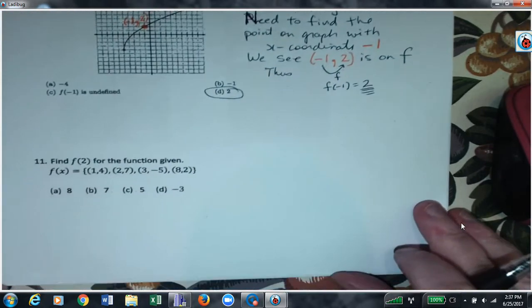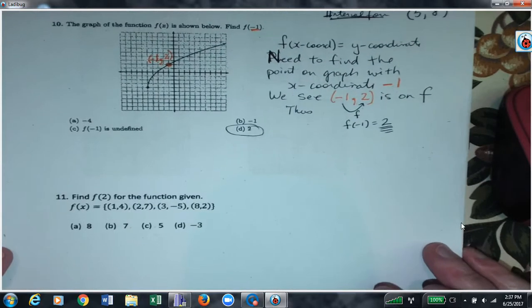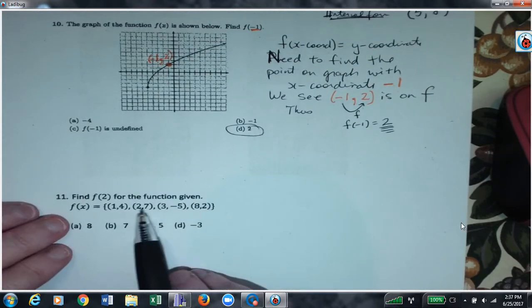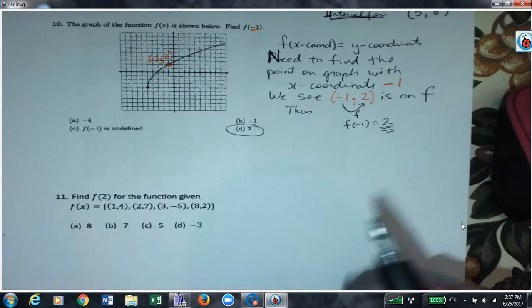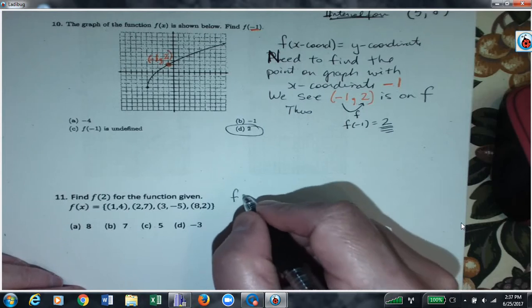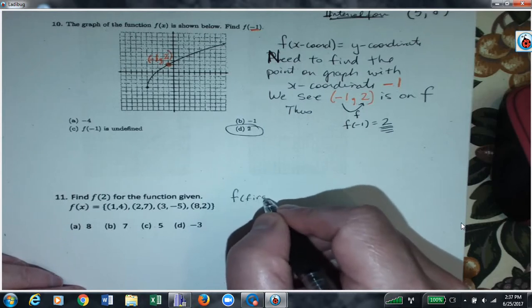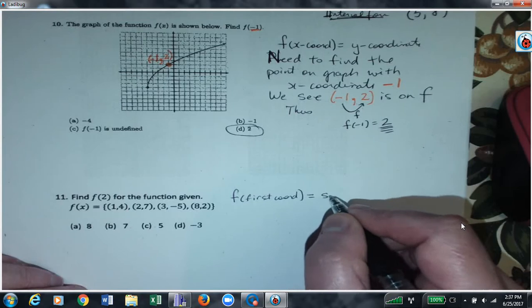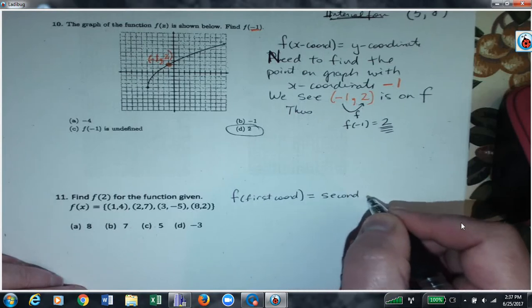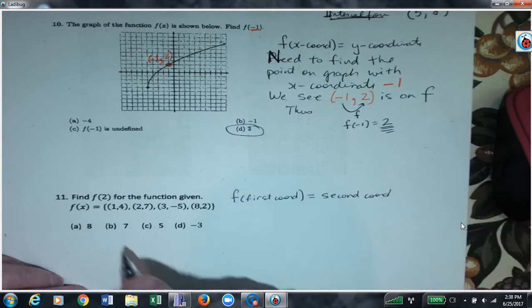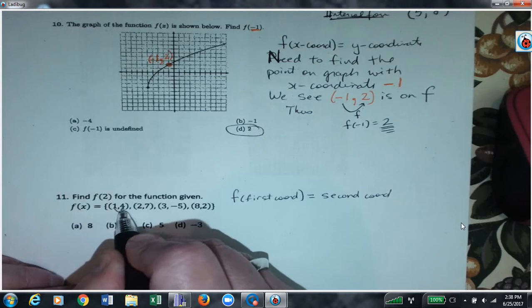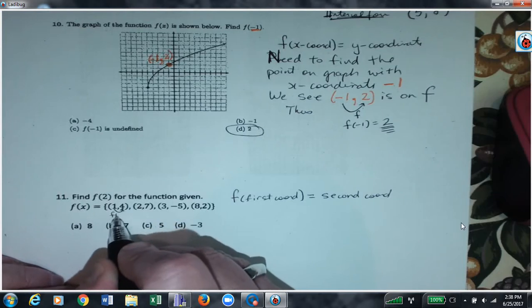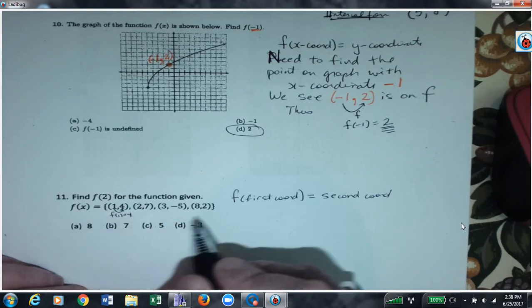Number 11. Find f evaluated at 2 for the function given in this form. Well, again, f of the first coordinate is equal to the second coordinate. So this tells me that f of 1 equals 4.